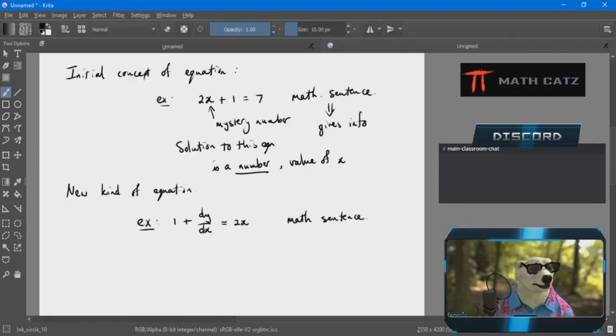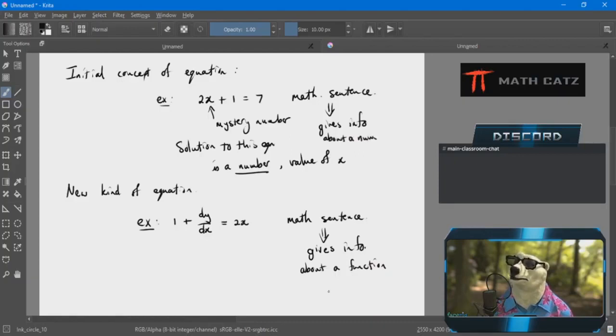It certainly gives me information. But what it's giving me information about is a function and not a mystery number, but instead a function y of x.